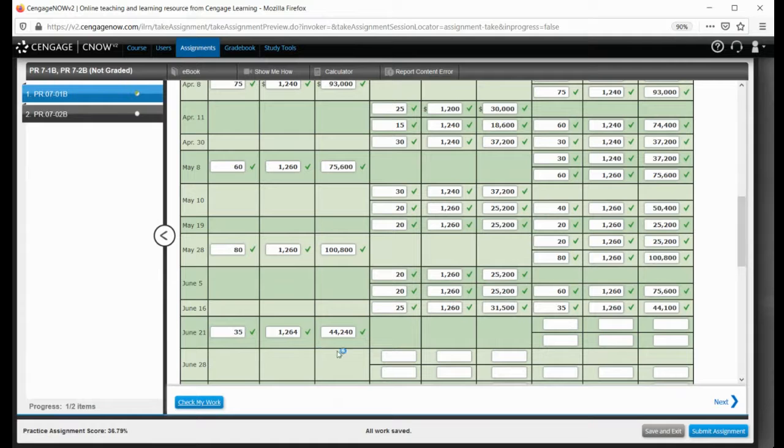Because these have different costs associated with them, we're going to bring down our ending inventory from the previous transaction, which was 35 at 1260, which is 44,100. And then we're going to swing across what we just purchased, which was an additional 35 units at 1264, which is 44,240.